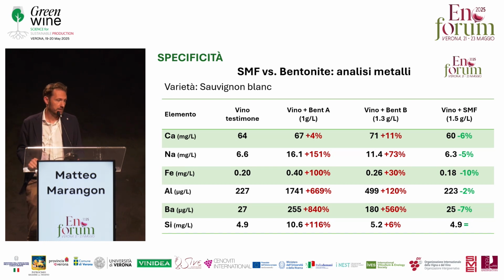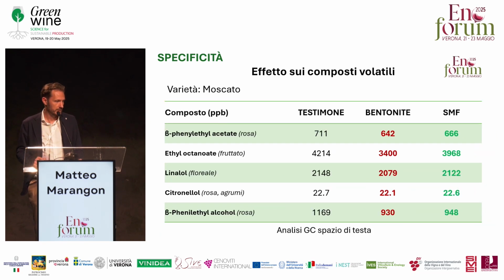In a number of cases, not only is there no release, but there is even a subtraction up to -10%, which can be significant for calcium and iron, especially when considering stability and oxidation. So there is a minor impact, and if there is an impact, then a reduction.